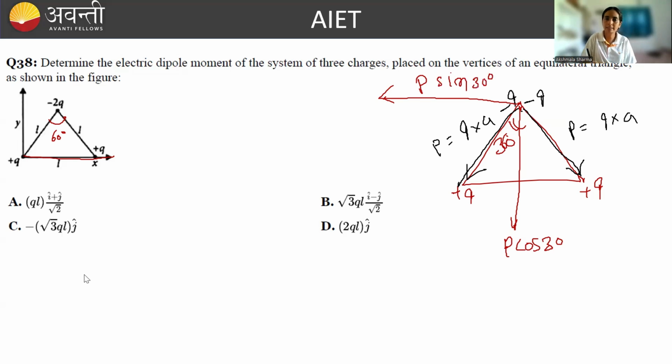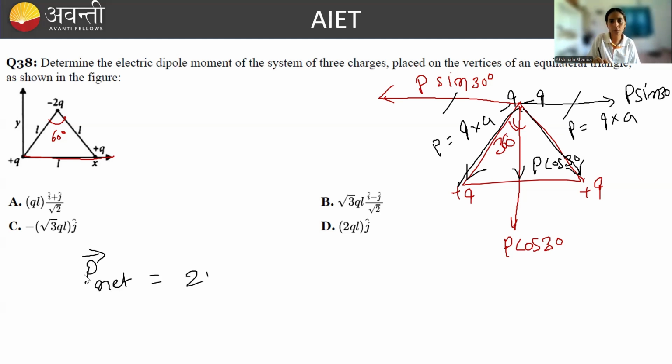Okay. Similarly, this P will have a component in the downward sense, and that is equal to how much? Again, P cos 30. And this is equal to your P sin 30. So these two P sin 30 will get cancelled, and these two P cos 30 will get added. So the net dipole moment is equal to 2P cos 30, in which direction?